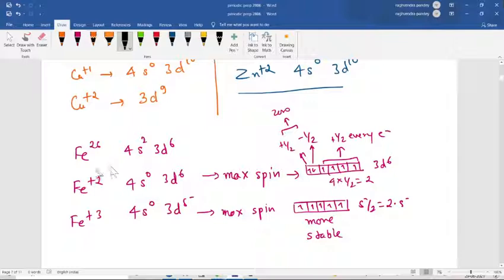Take iron, atomic number 26, so it forms plus 2 and plus 3 ions. So ions are formed, this is a positive ion. Similarly there are negative ions.